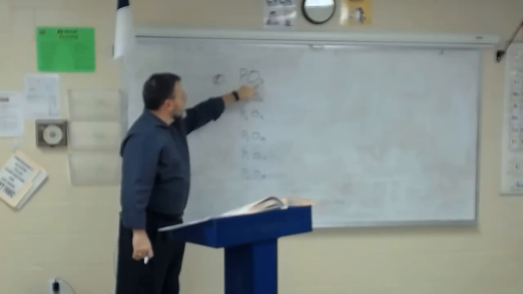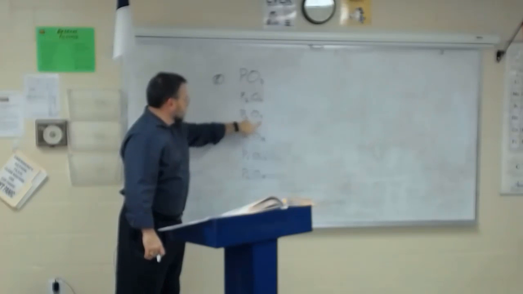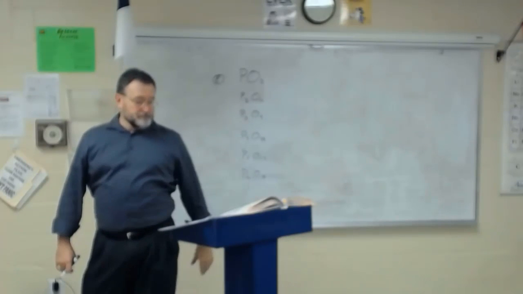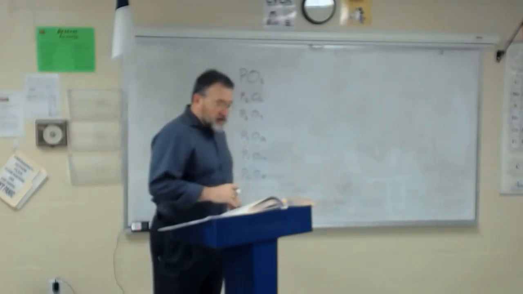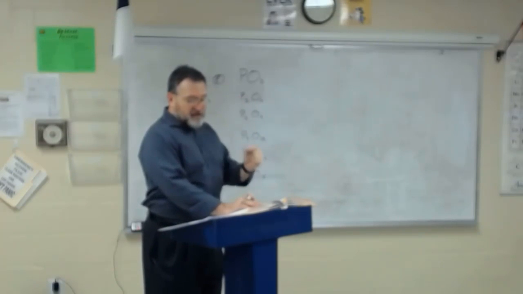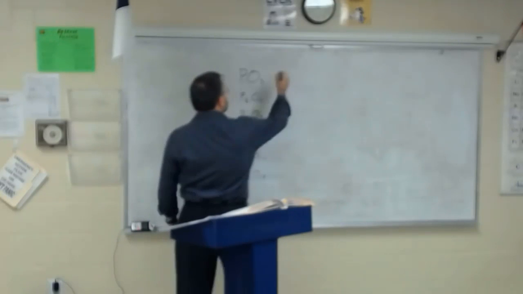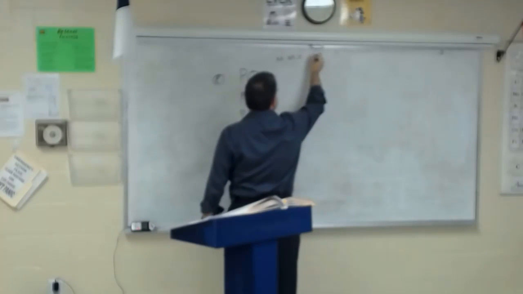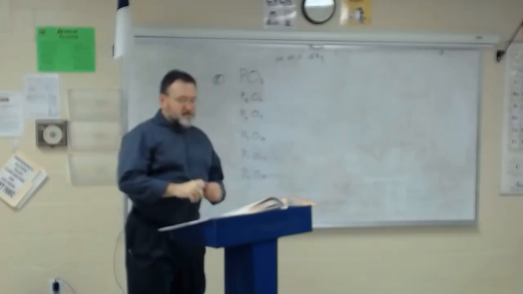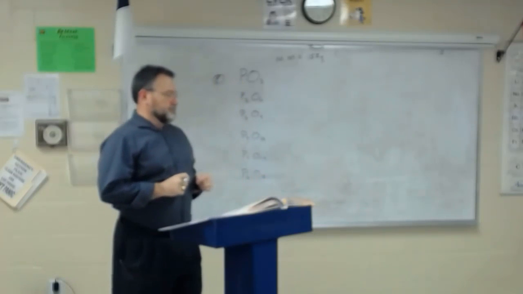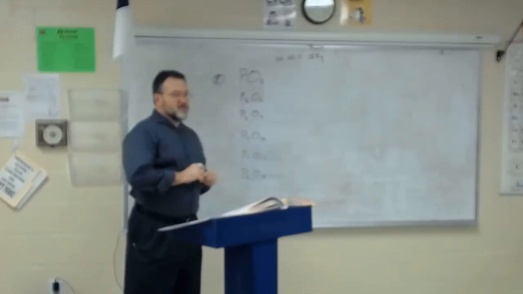You take the subscripts, times 1, times 2, times 3, times 4, times 5, times 6, and so on. Given that the empirical is PO3, if its molar mass is 158 grams, what is its molecular formula?